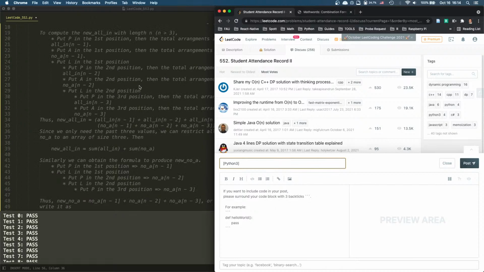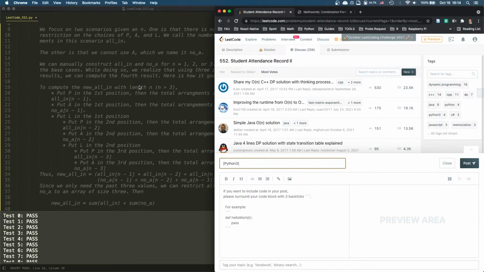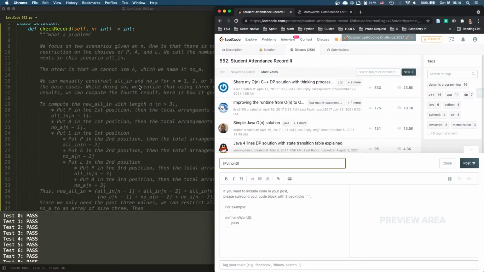What will be the name for this? That will be all in and no A solution.